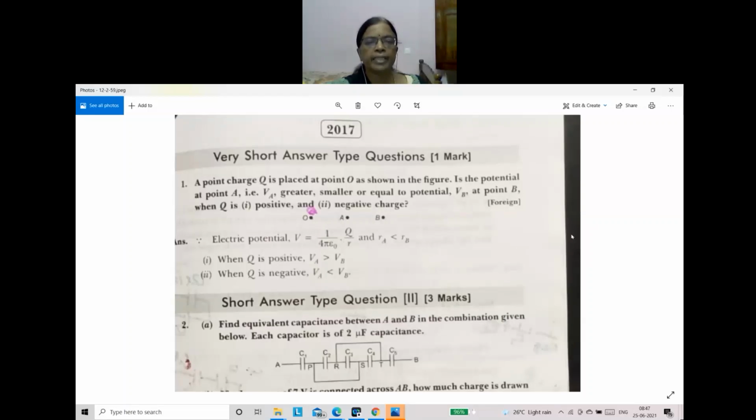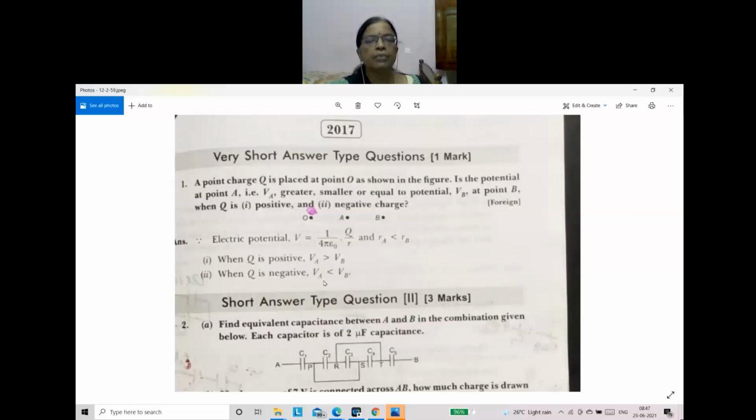So here potential at B will be greater than potential at A, as this is a negative charge. So, here Q is negative, VA is less than VB.